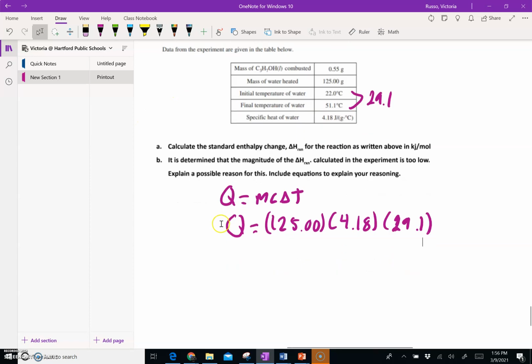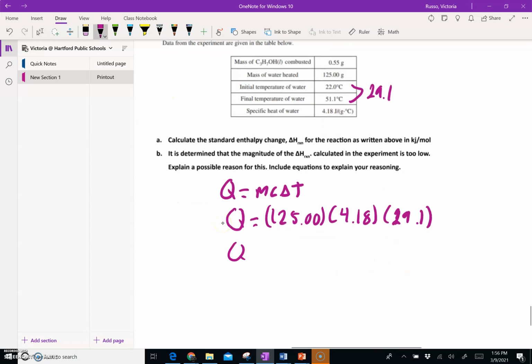Then we get out our handy dandy calculator and button press this, and we get 15,200 joules. And whenever you're calculating delta H, we have to convert it to kilojoules, so that's moving the decimal place 3 places or dividing by 1,000. So it's 15.2 kilojoules gained by the water.